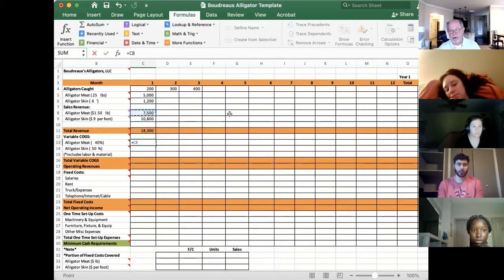It will be $7,500 times the 40%. So we know we're spending $3,000 on variable costs. And on alligator skins, we'll do the same thing, but we'll use the skins. And it'll be different because that cost is 50%.